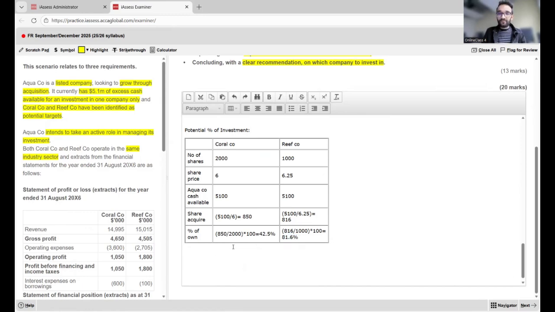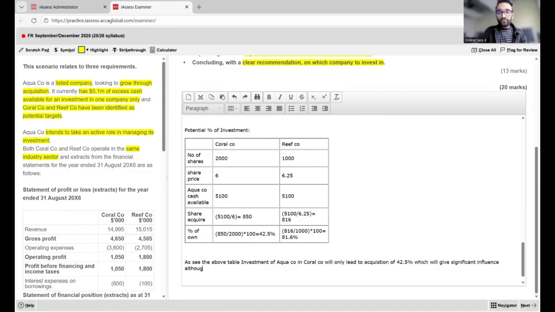Just explain this line here. As seen in the above table, investment of Aquaco, I'm using the company's name, Aquaco in Coralco will only lead to acquisition of 42.5%, which will give significant influence.